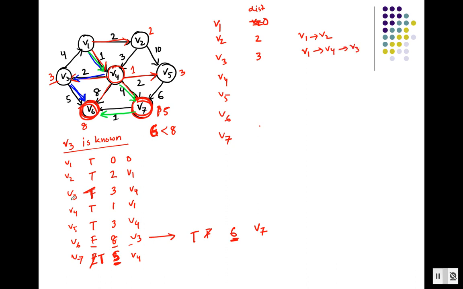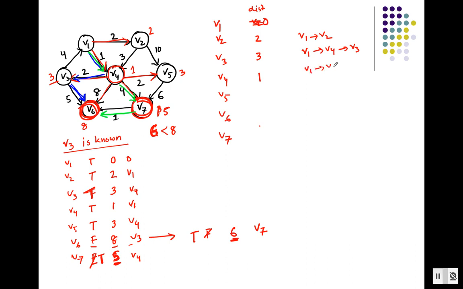That means I am reaching v3 from v4, and I am reaching v4 from v1, which is our source node. So v1 to v4, then v3. For v4 the distance is 1, and the node is v1.